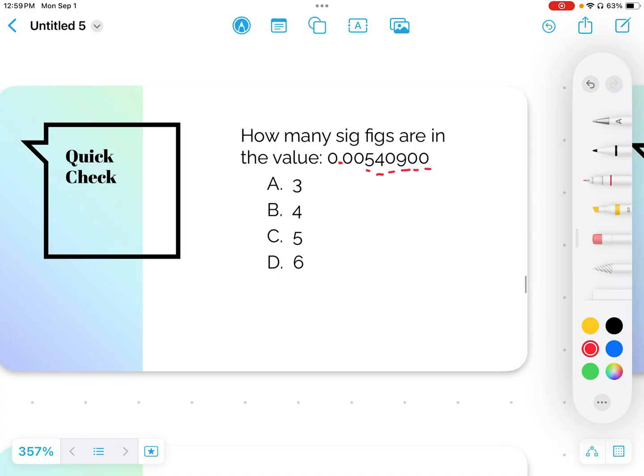We also know that this 0 here is significant because it's trapped between 4 and 9. These zeros in the back are trailing zeros, and since they're behind the decimal point and behind a number, they get to count. So we have a total of 1, 2, 3, 4, 5, 6 sig figs. And that answer would be D.